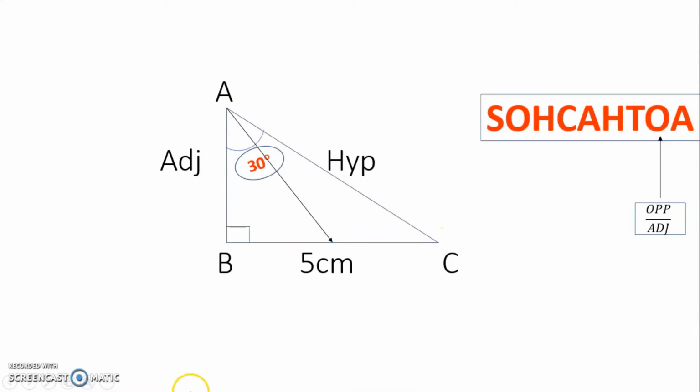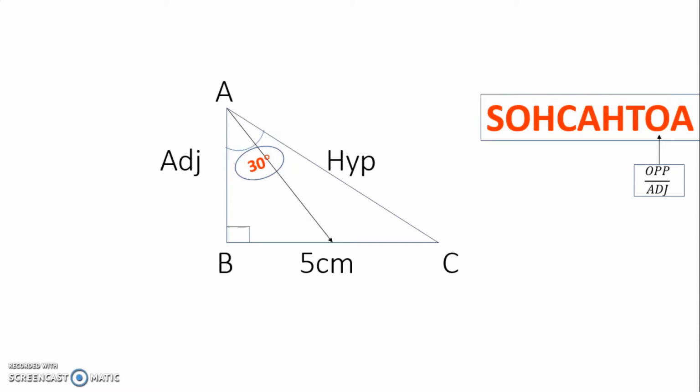Now, how are we going to solve for the adjacent, which is AB? Like we know, tan theta is equal to opposite over adjacent, and our opposite is 5 centimeters. Our adjacent is what we are looking for, which is AB.